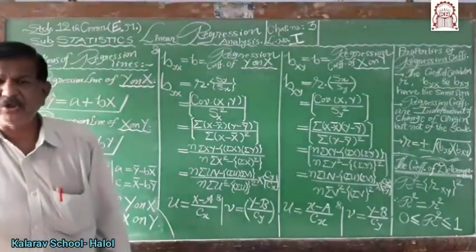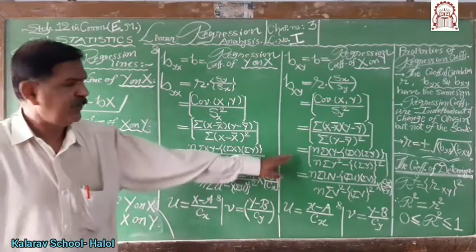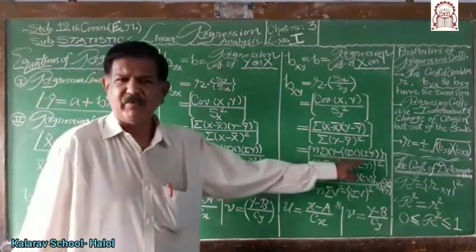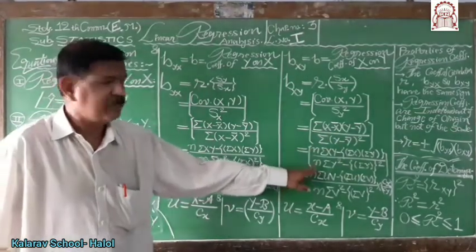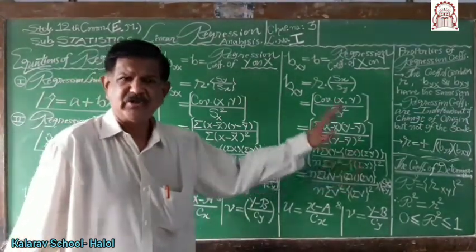If x and y are small in values, then it is given by n times sigma xy minus sigma x into sigma y upon n times sigma y square minus sigma y whole square.